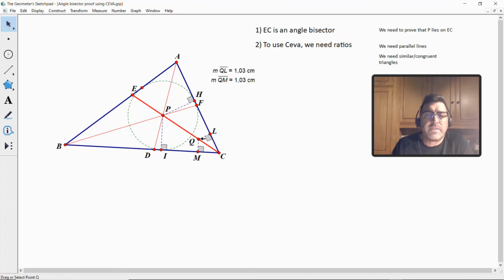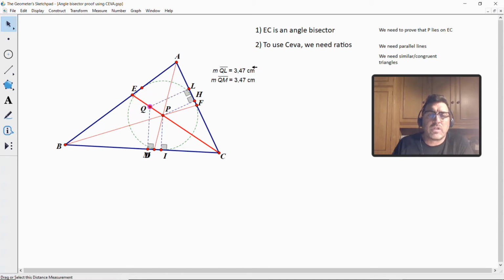This is something that we saw in our previous lesson, that if we want a point to be equidistant from two sides, or two non-parallel lines, which is what these two sides are, and we move it, that these distances QL and QM over there remain the same.